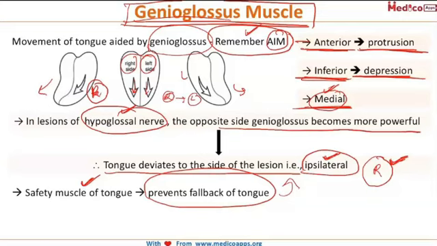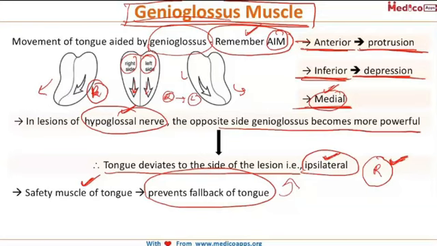So this has to be prevented by holding the tongue and pulling it outwards, thereby preventing it from falling backwards into the respiratory tube.